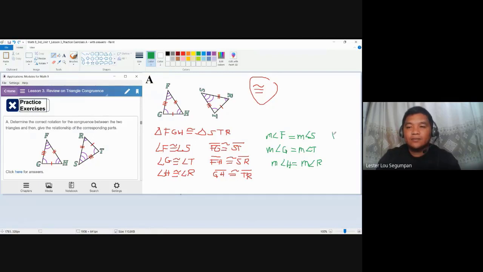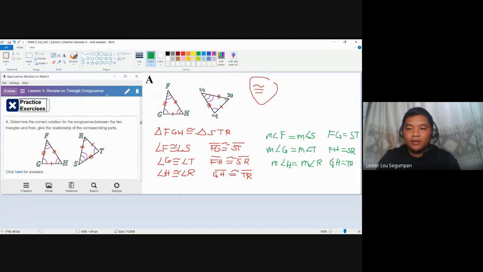And for the sides, other references before use the measurement of FG, but let's simply use side FG is equal to ST. That already indicates the measurement of FG and ST. Without the bar, because bars mean congruence, bars mean parts, but here we mean measurements. FH is equal to SR and GH is equal to TR.